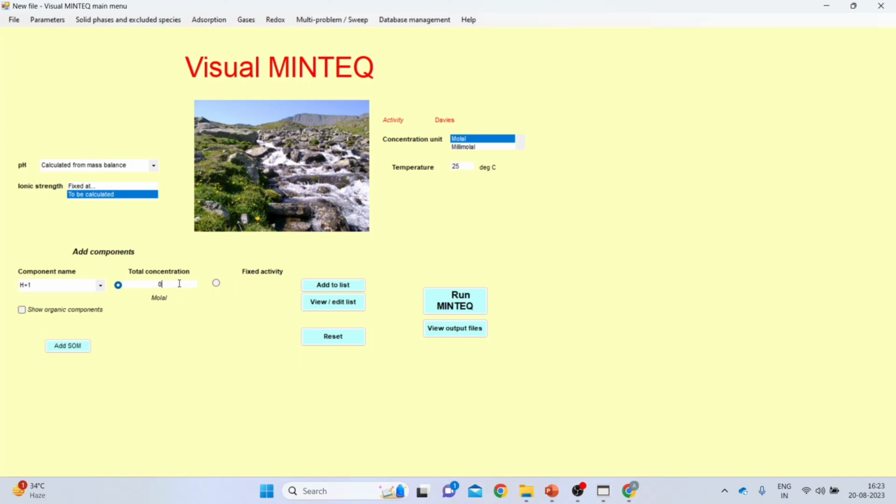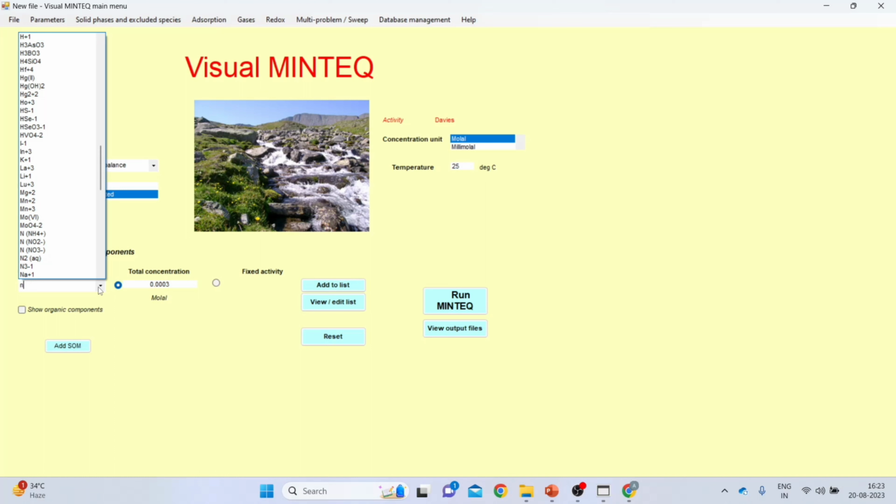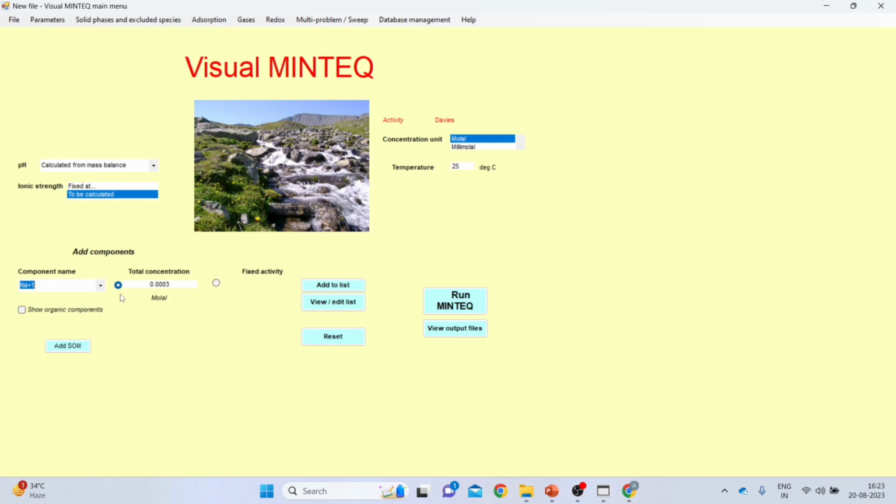H plus was 3 into 10 raised per minus 4, that was 0.0003 molar. We will add. Next we have Na plus, and Na plus is 5 into 10 raised per minus 4, so I'll just add 5 here. Again we will add to list, and finally we have propionic acid.